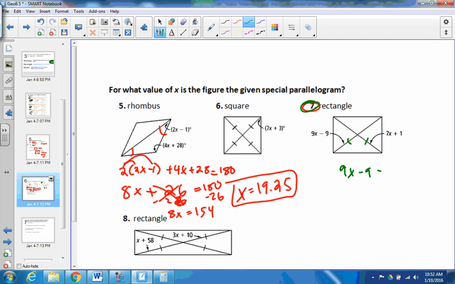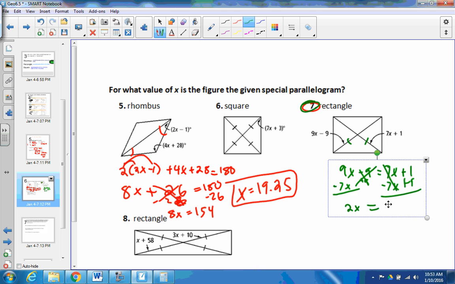So 9x minus 9 would have to be equal to 7x plus 1. Wow, crazy stuff going on here. Okay, and then we can solve for x. We'll get the x's on the same side first. We have 2x minus 9, and actually we can add 9 to both sides right away then. Equals 10, and x is going to be equal to 5 when you divide both sides by 2.